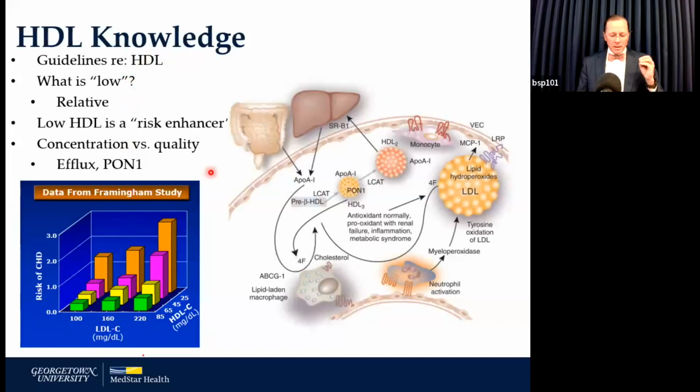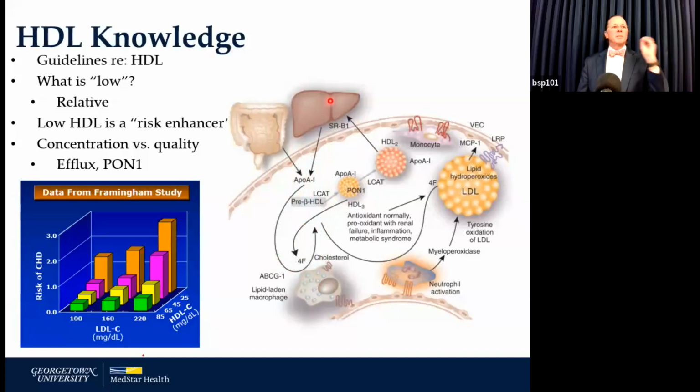Now, HDL's primary function is to be assembled from proteins secreted by the hepatocyte that circulate and collect cholesterol in the periphery and transport it back to the liver. We call that reverse cholesterol transport.